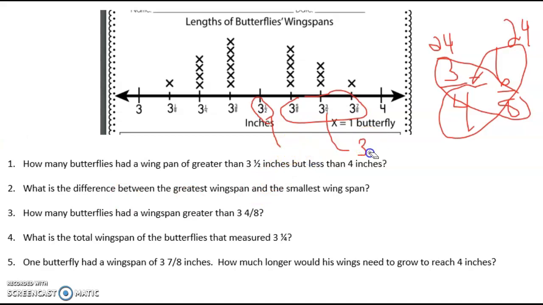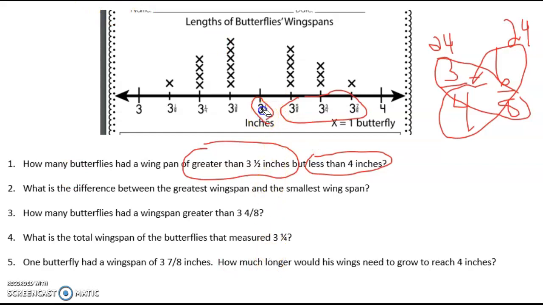All right, so let's get into our questions here. How many butterflies had a wingspan of greater than 3.5 inches, but less than 4 inches? Greater than 3.5 inches, but less than 4 inches.